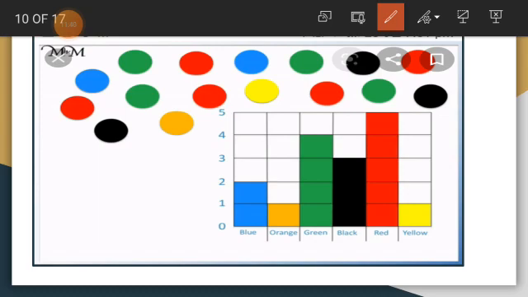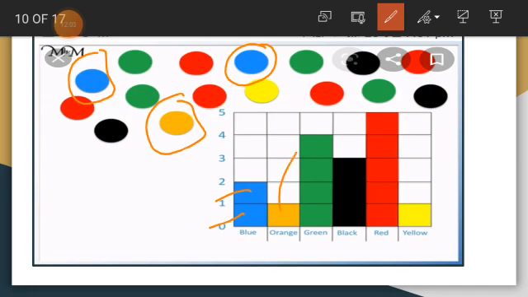Okay, count how many blue circles are there. First count the circles. 1, 2. 2 circles are blue. So color the 2 blocks. Fine. Now orange. Let's see how many orange circles are there. There is only 1 circle.